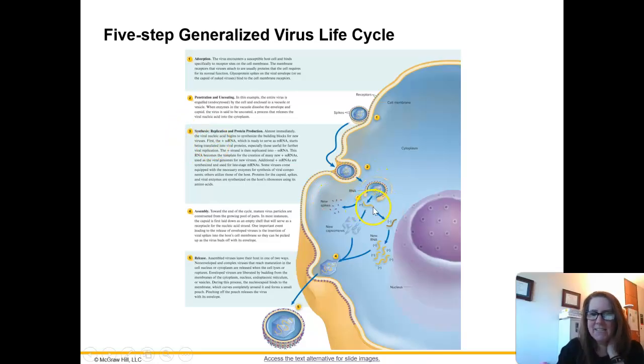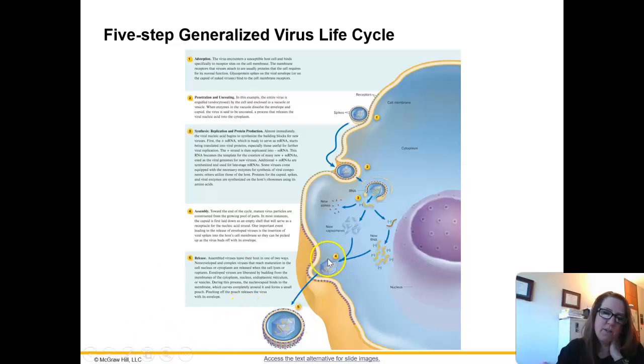Number 3, we're going to synthesize more of our DNA by hijacking that genetic machinery of the cell. Or if this is RNA, then we'd synthesize more RNA. But essentially what you see is these new strands of genetic material are going to get encapsulated by more capsomeres, which create the outside of our virus.